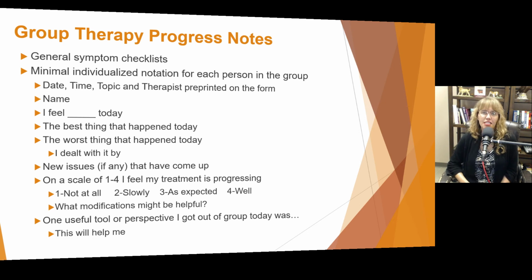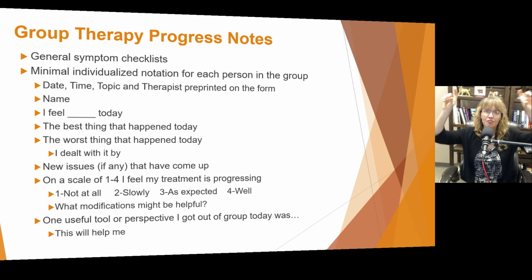Group therapy progress notes. You can start out your group therapy progress note with a general symptom checklist at the top. Maybe you're doing a group on depression, for example, so you can have general depression symptoms so they can check the symptoms they're currently experiencing.